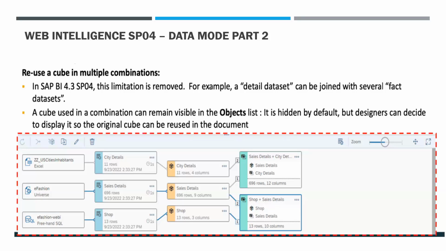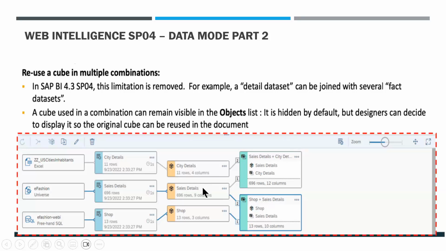Now also you can combine multiple cubes. So in the SP3 version, once you combine a cube, then that cube was no longer available to be combined with other data sources. Now in SP4, you can reuse that cube with other data sources. So that's what they're showing here in this example.